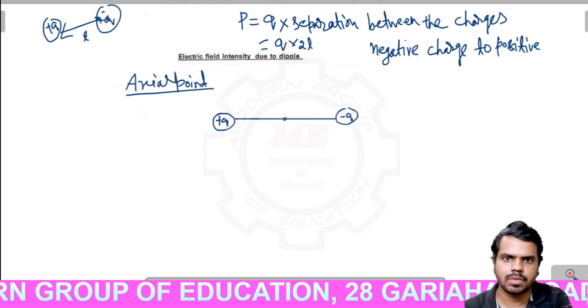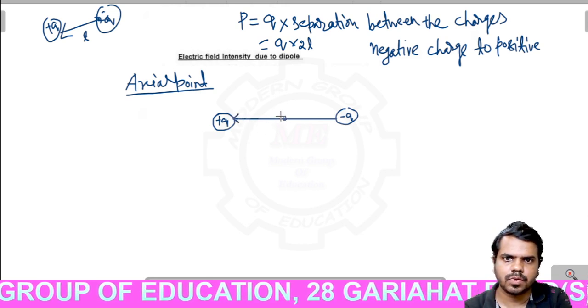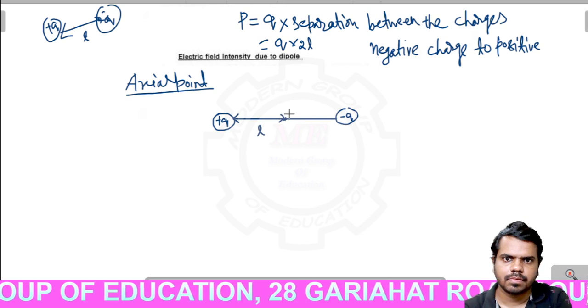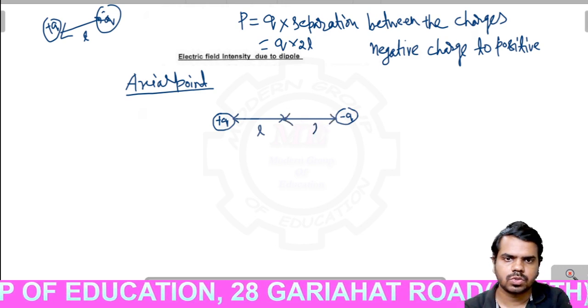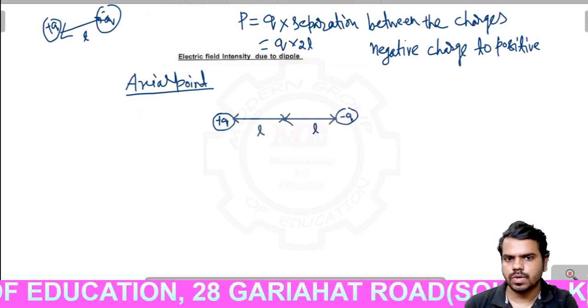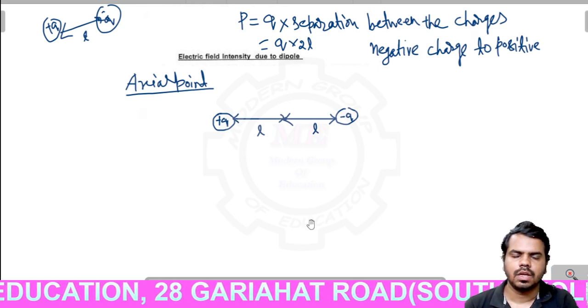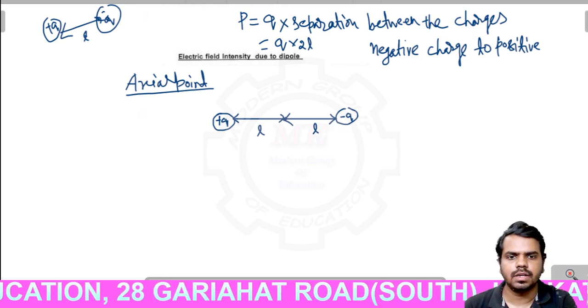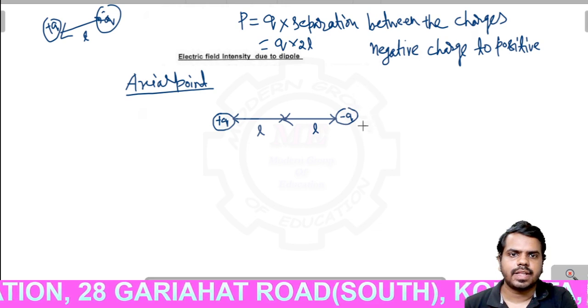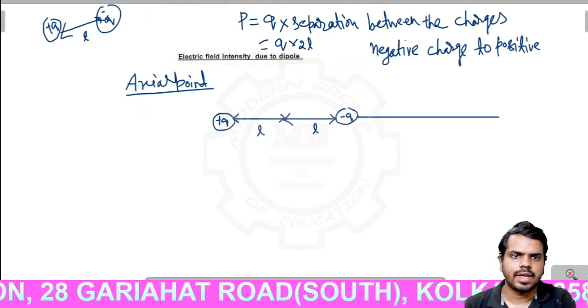This is the center of the dipole. The center of the dipole is very important every time. So this is 2l. Okay, at the axial point you have to find the electric field intensity. This is the axial point.